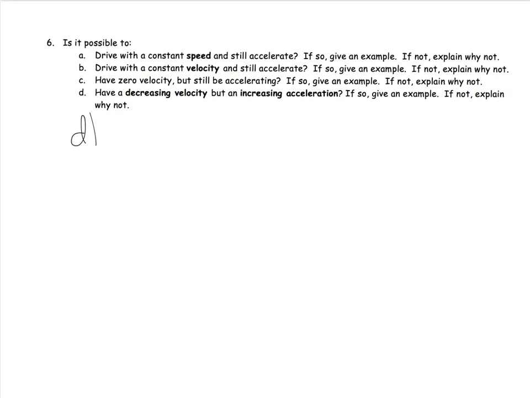Is it possible to have a decreasing velocity but an increasing acceleration? This is similar to one we did in class, but I do think it's worth thinking about another possibility in a slightly different situation because this is a tricky one. The decrease in velocity part means that an object is slowing down.